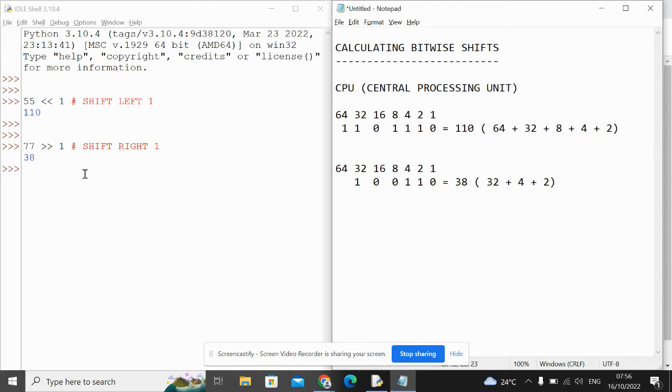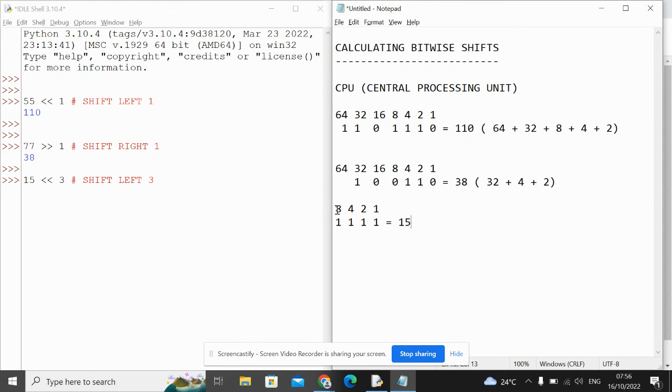Let's do two more examples. This time I'm going to take the binary number 15, and I'm going to shift it left 3 places. Shift left 3. Let's see if you can already work out what the answer would be. What's happening here? Well, the CPU knows that the binary for 15 is 1111.